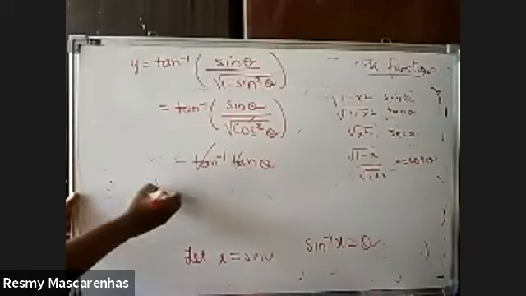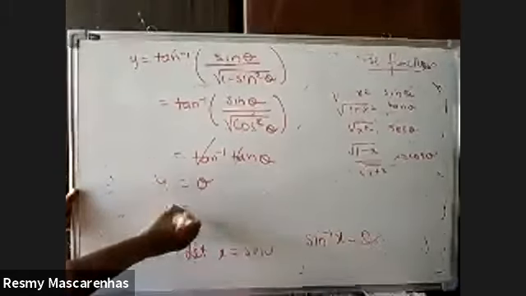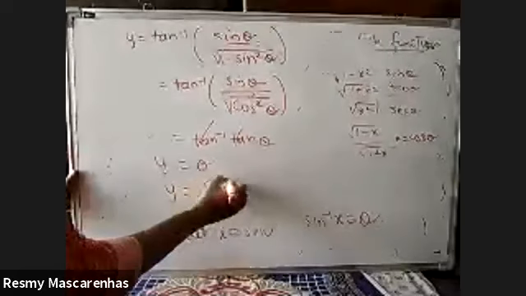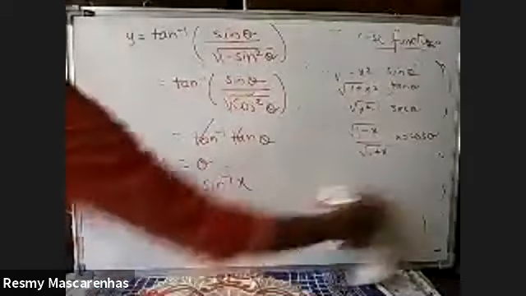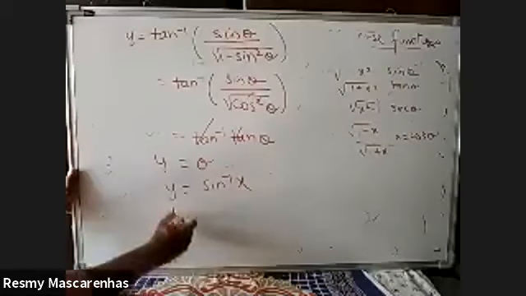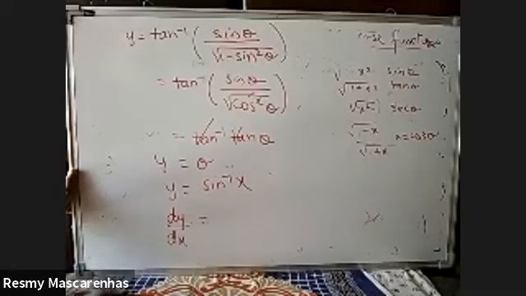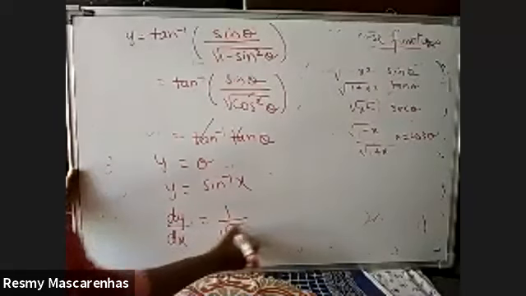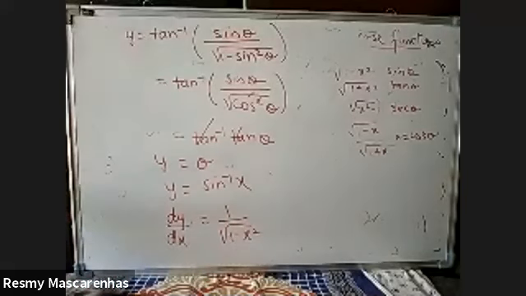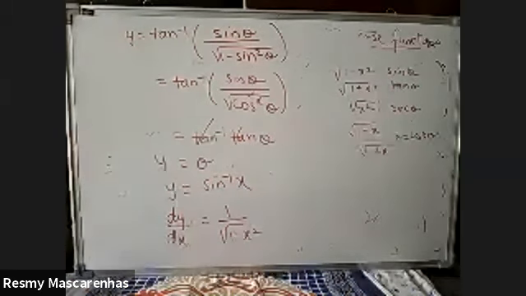So y is nothing but theta, which is nothing but sine inverse of x. And then find the derivative. dy by dx is equal to the sine inverse x formula, 1 upon root of 1 minus x square.